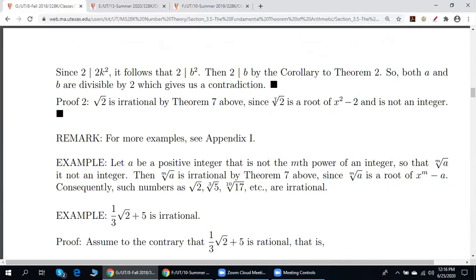Since square root of 2 is a root of this polynomial, there are only two possibilities according to Theorem 7. Square root of 2 is either an integer or an irrational number. Obviously, square root of 2 is not an integer because it is greater than 1 and less than 2. Conclusion: square root of 2 is irrational. Done.